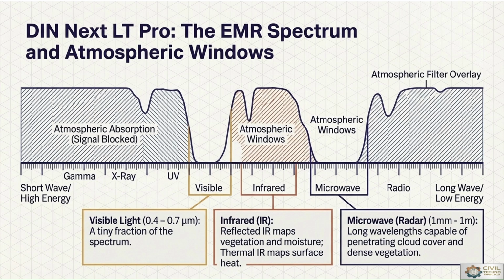To improve the image quality and accuracy, atmospheric correction techniques are applied during image processing. Certain wavelength regions known as atmospheric windows allow energy to pass through efficiently. Rayleigh scattering mainly affects shorter wavelengths such as blue light.